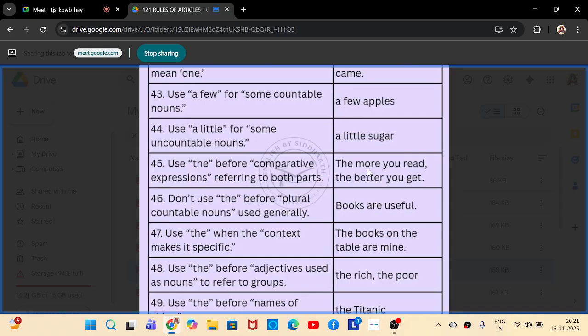Tina is shorter than Meena, etc. But here, in the same sentence, if we use two comparative degrees, then we must use the before both comparative words, because we are using two comparisons, two comparative adjectives in the same sentence.